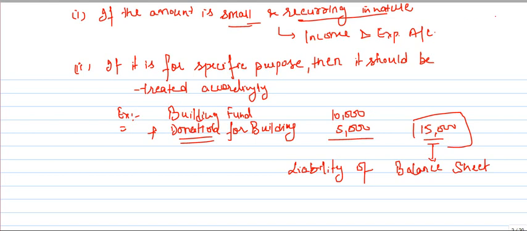If the question is silent, see in the exam, if the question is silent, then go on the merit basis. If the amount is small, then you can treat it as income and expenditure account. And again, I will say that you should give the note at the bottom of the answer that because the donation amount is small, so it has been treated as income and therefore shown it as income and expenditure account.